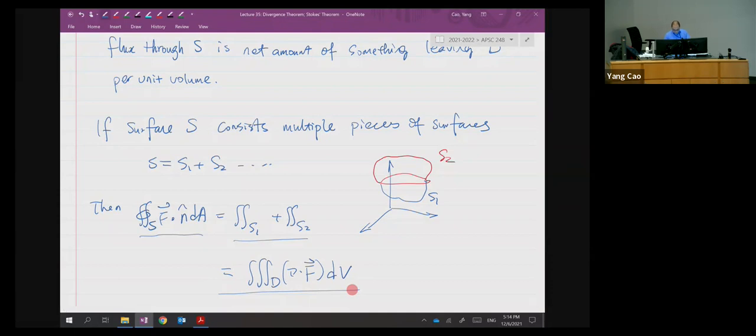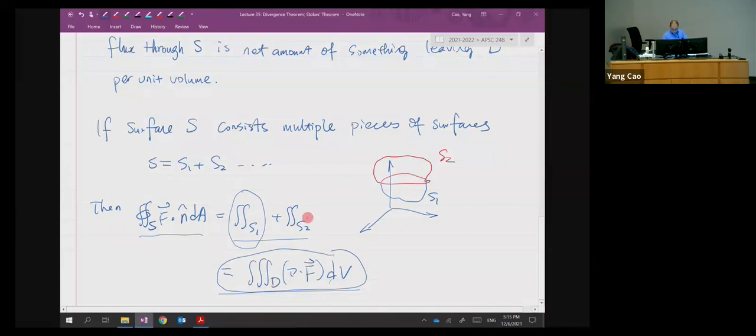You might wonder what the usefulness is here. For example, you have calculated the surface integral over S1 already, and you also have the result of the divergence theorem based on the triple integral over here.